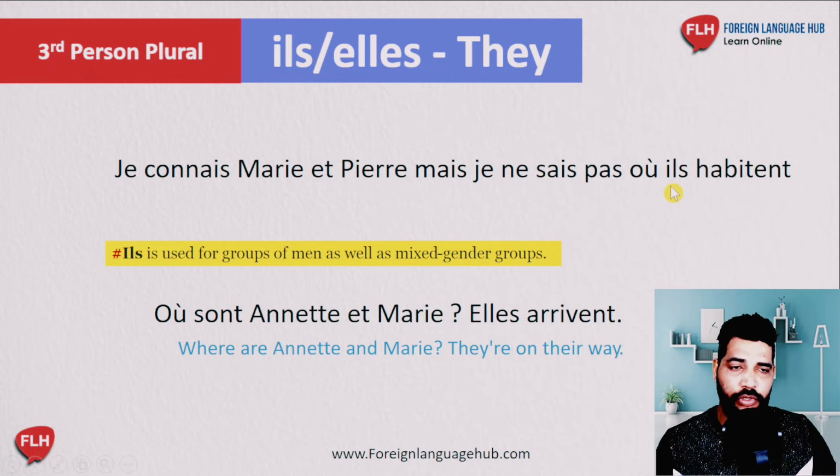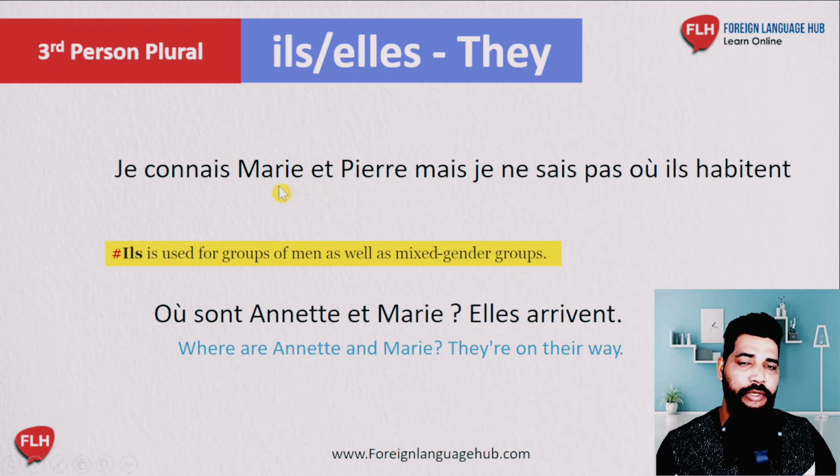You should notice one thing: Marie and Pierre are of different gender. Marie is feminine, Pierre is masculine, but we are using ils to refer to them. That's how it works in French. So if there's a group of male and female, we will address them as ils, right?